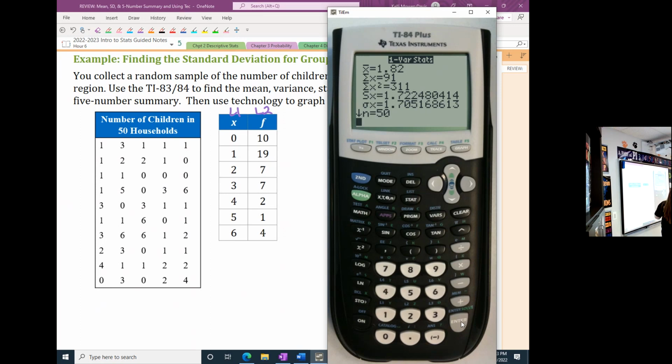Notice N says 50. Did I put 50 items into my chart? No, but it took into consideration the frequency as well as the data values. That's what it's summing there. If I keep going down, I get the 5-number summary.